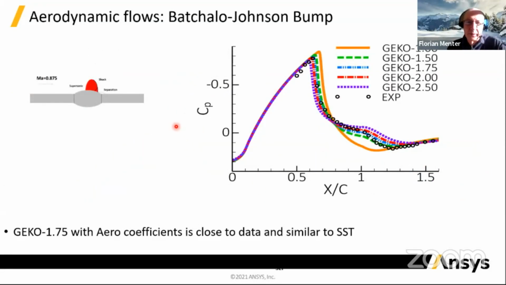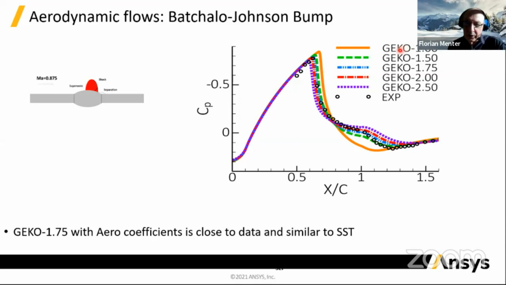Here you can see a transonic flow, the transonic hump flow of Bachalo and Johnson at NASA Ames. So there's this flow with 0.875 Mach number, goes supersonic, has a shock wave here, a shock-boundary layer interaction separation region here. And the separation determines the shock location.